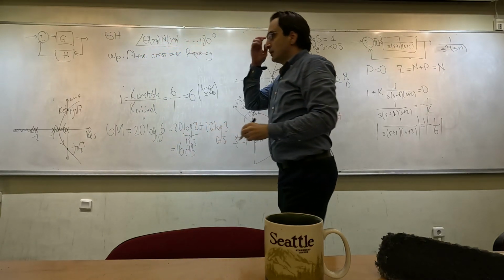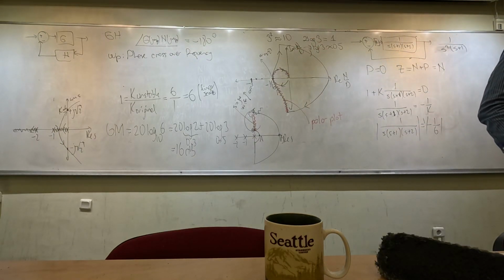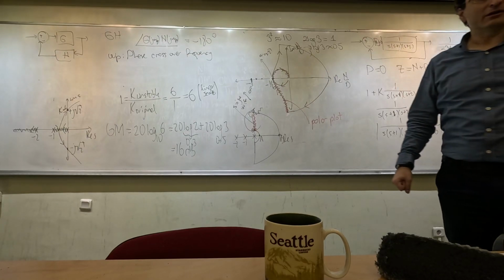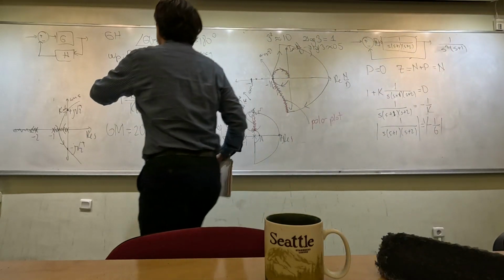And how can I define it? It is the frequency at which the angle of the open loop transfer function intersects minus 180 degrees.